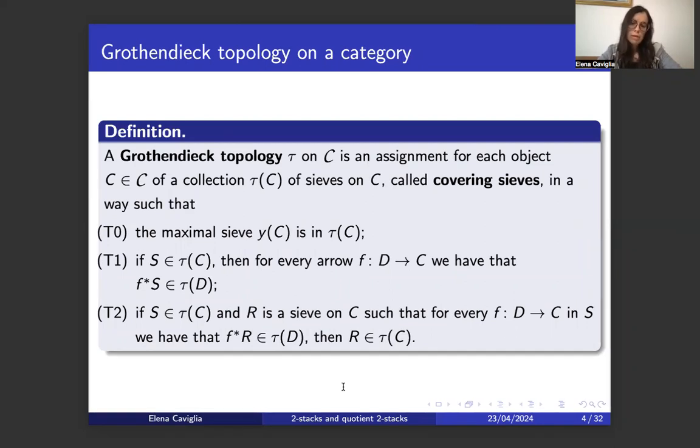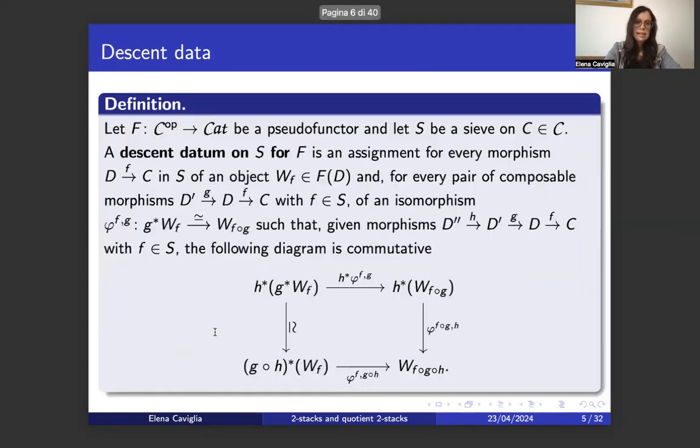And now we want to see what a stack is. And to do this, one ingredient that we need is that of a descent datum. So if we consider a pseudo-functor from C up into Cat, a pseudo-functor is just like a functor, but it preserves identity and composites only up to isomorphisms instead of preserving them strictly.